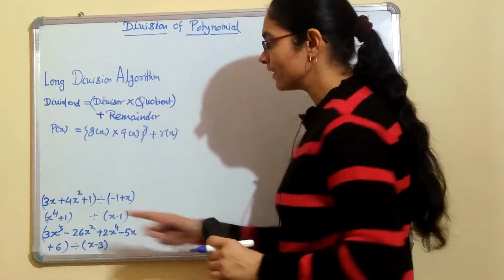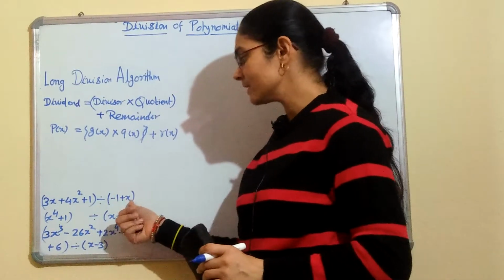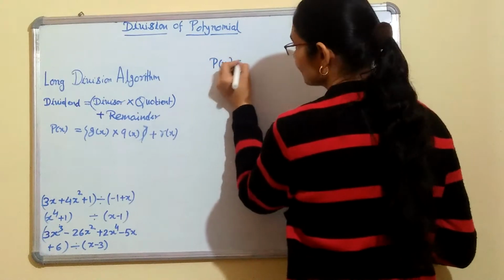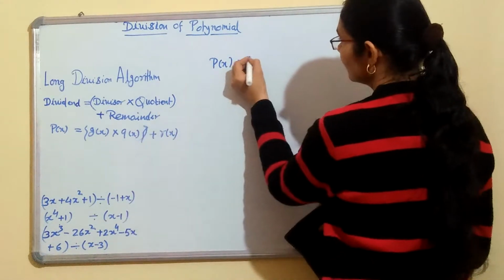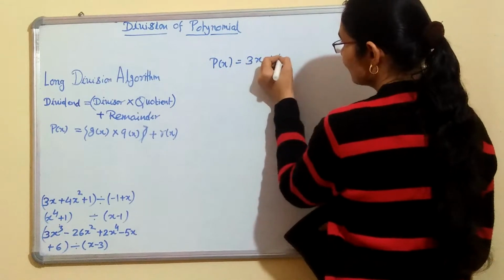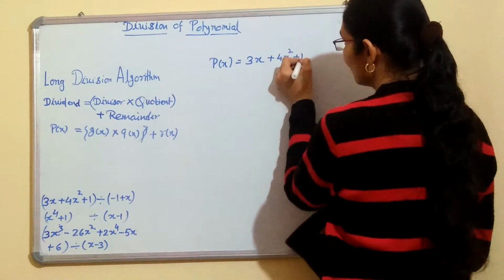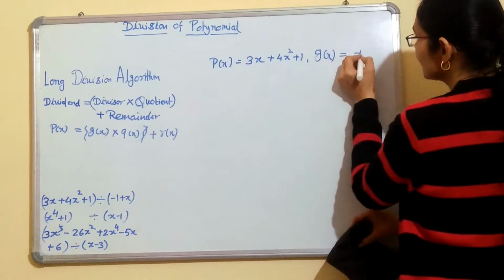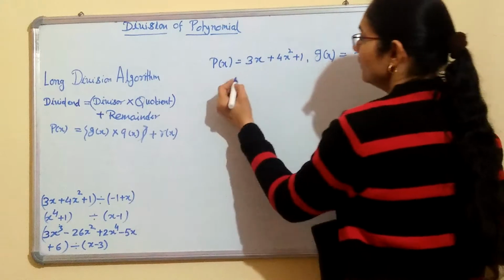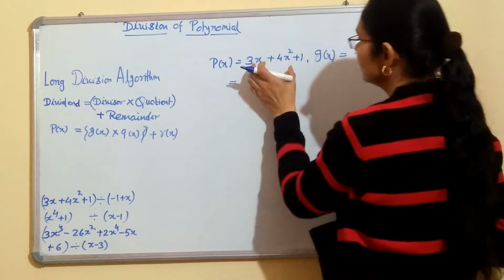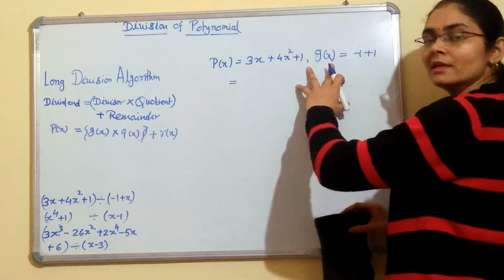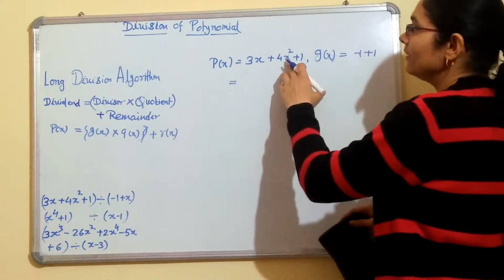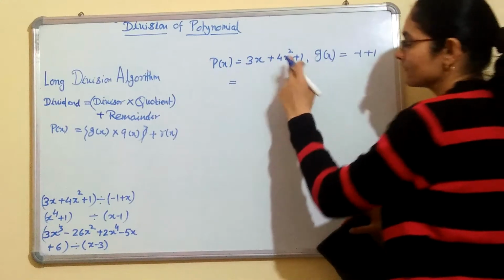3x plus 4x square plus 1 divided by minus 1 plus x. So here p(x) is equal to the dividend, that means 3x plus 4x square plus 1, and g(x), the divisor, is equal to minus 1 plus x. We have to arrange these polynomials in their standard format, that means in descending order of the degrees of the variables.